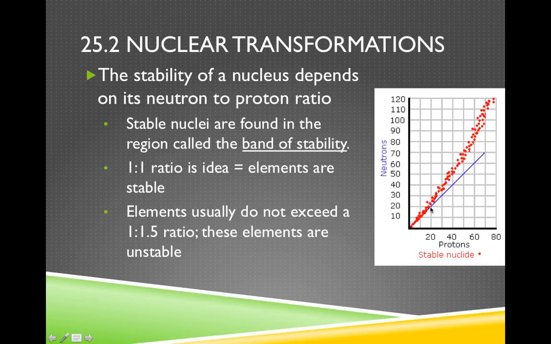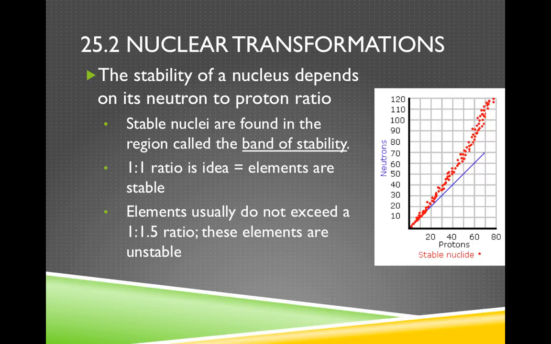But once we hit 20 and start increasing our atomic number, once we get to 40, it's even farther from the line. Once we increase to 60, it's even farther. And when we get all the way up to an atomic number of 80, it's nowhere close to the line of the 1-to-1 ratio.